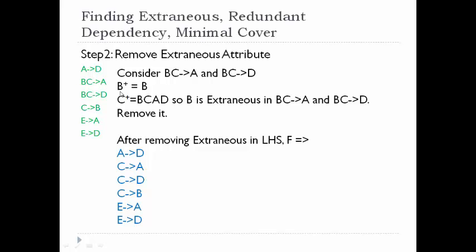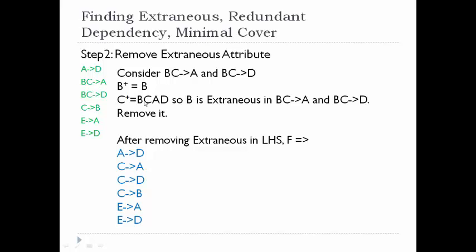Now B closure gives B alone, since we do not have any B dependencies here, and C closure gives C is issuing B, so we can say it as BC or CB, no problem. And since we have BC which is issuing A and BC issuing D, we can add that also.